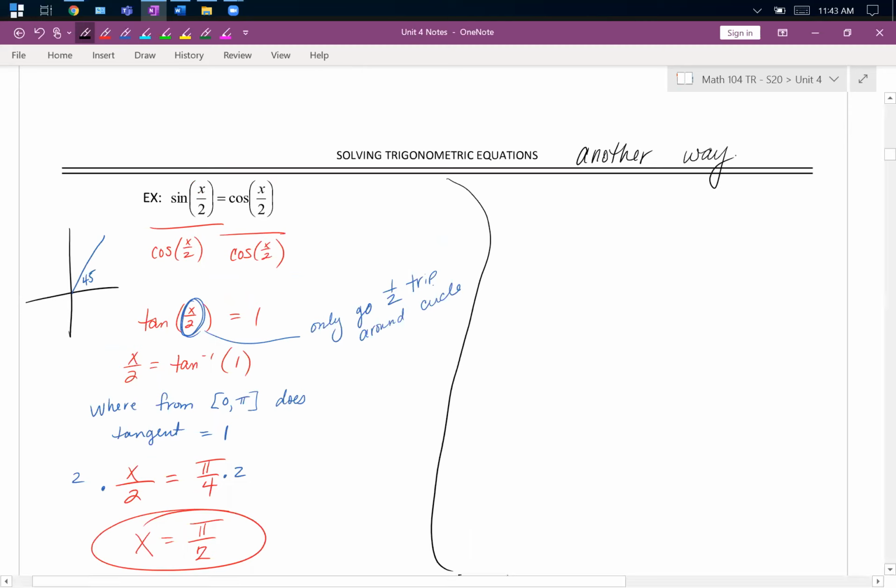So I'm going to substitute my two half angle formulas in for both sine and cosine. So we get plus or minus the square root of 1 minus cosine of x over 2 equals plus or minus the square root of 1 plus cosine of x over 2.